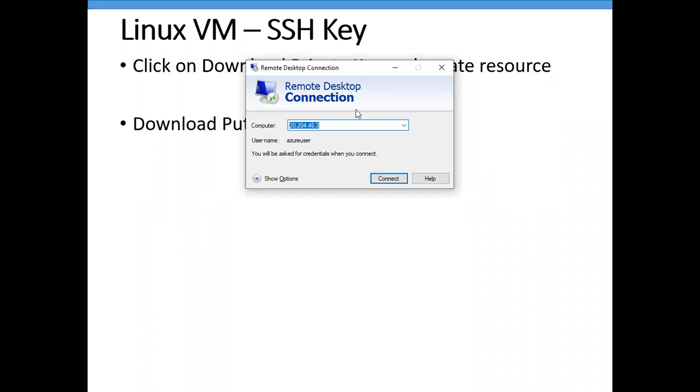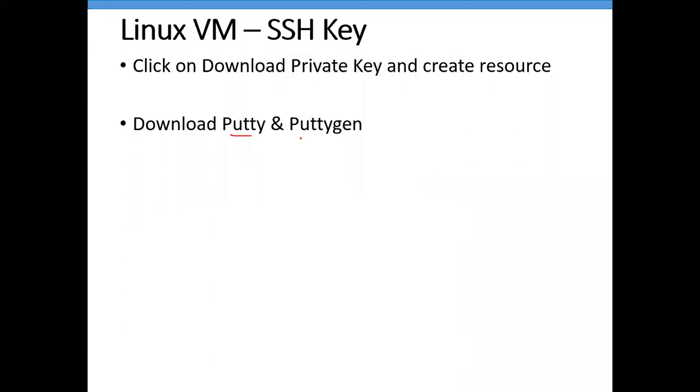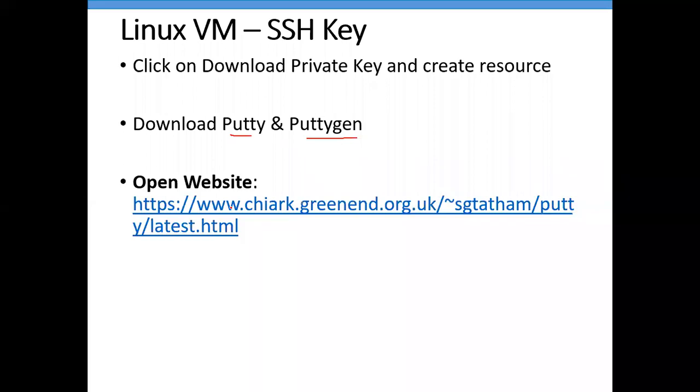And in the market, we have hundreds of terminal tools. But which is the common one? The common one is Putty. So here I'm going to download two tools, Putty and PuttyGen. Both are free tools. And here I've given the link. From there, I'm going to download.